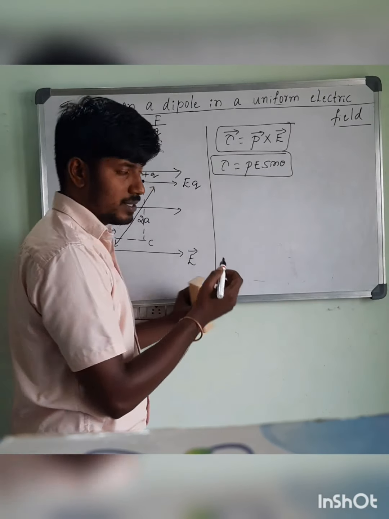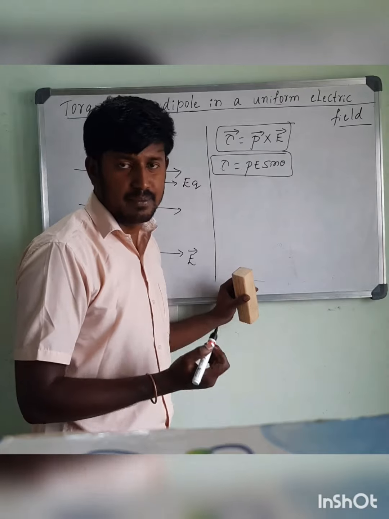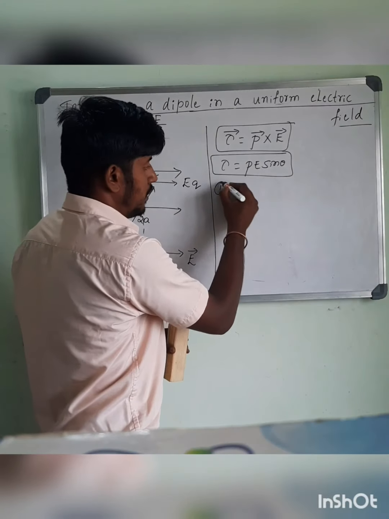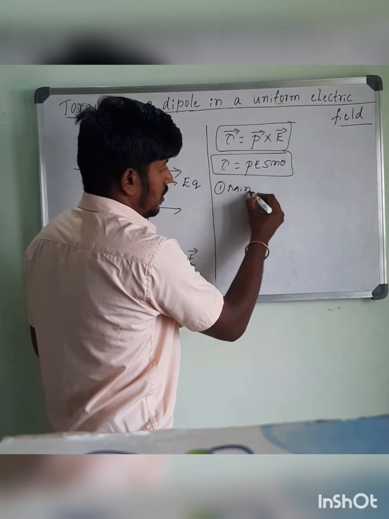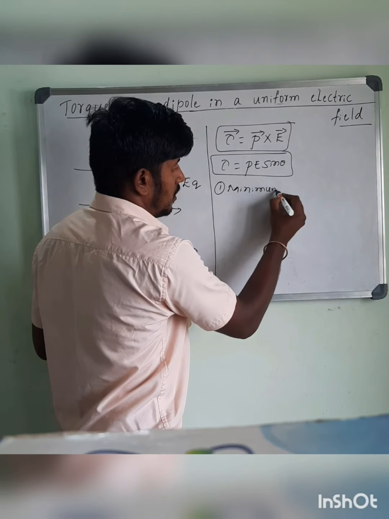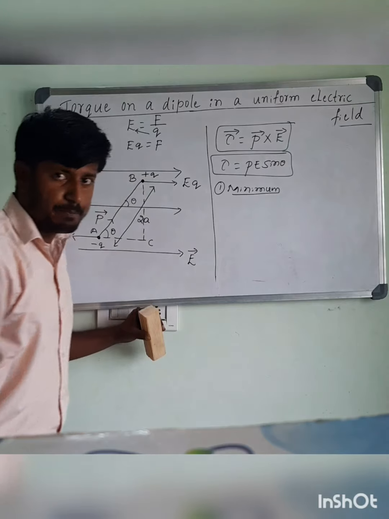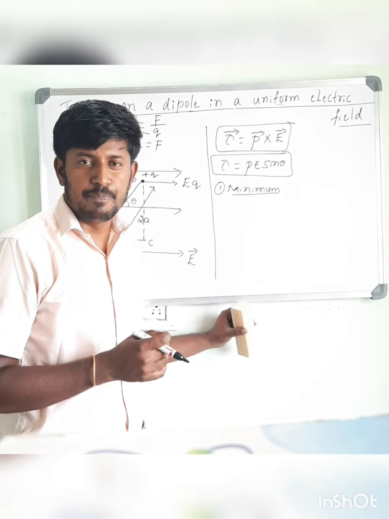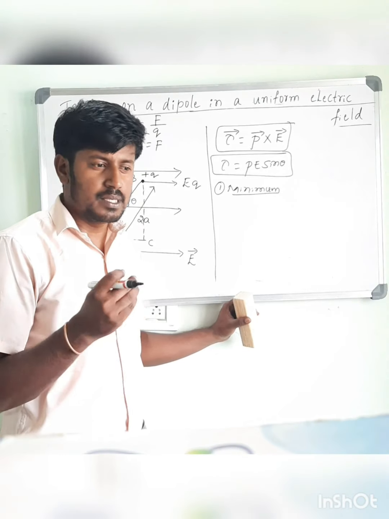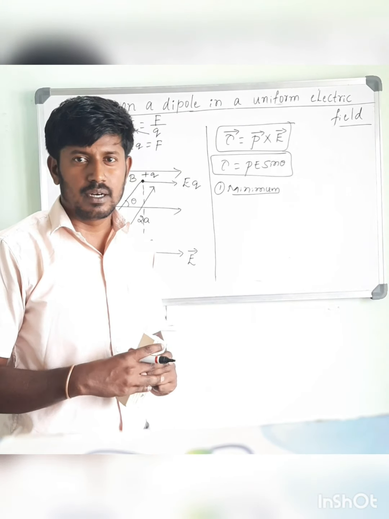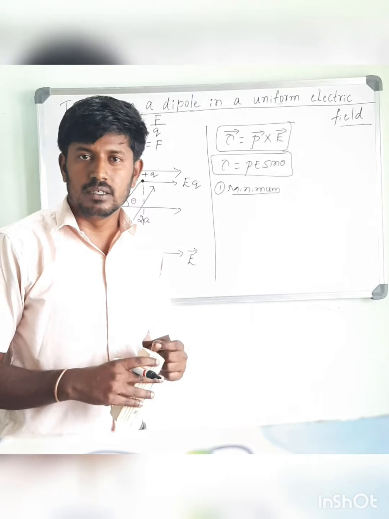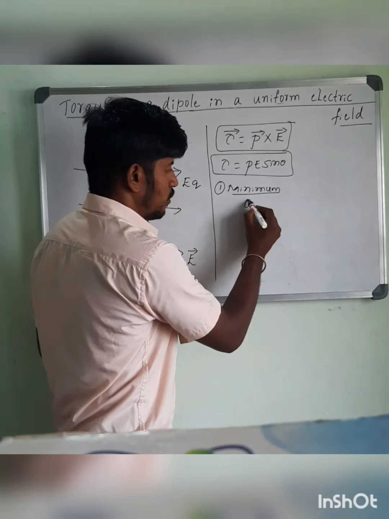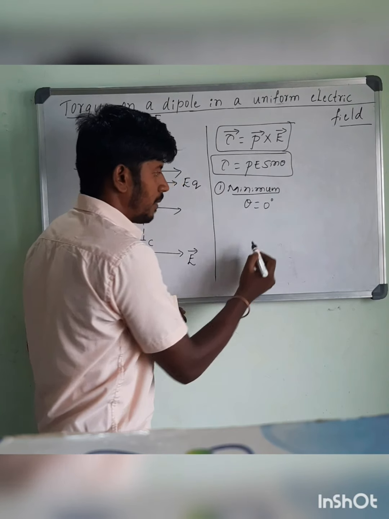Now let us discuss some cases, that is the maximum torque and minimum torque. So first one, let us consider minimum torque. Torque is said to be minimum when the dipole is in stable equilibrium. Stable equilibrium means the dipole doesn't rotate, it isn't affected by the uniform electric field. That condition is theta is equal to 0 degrees.